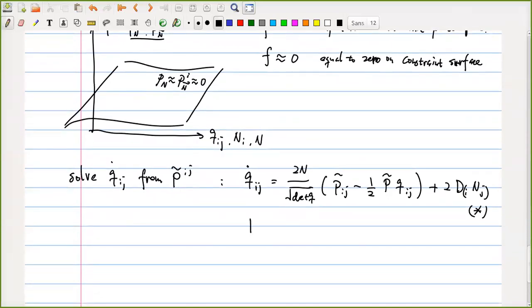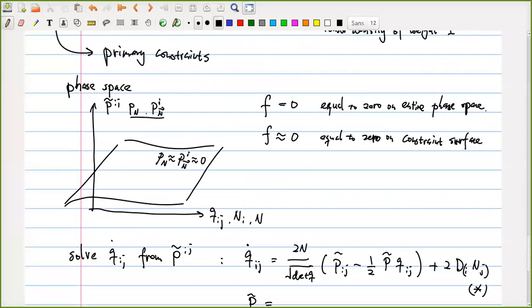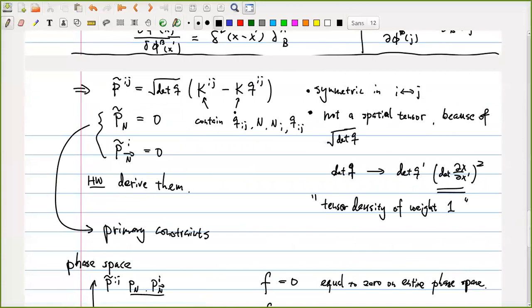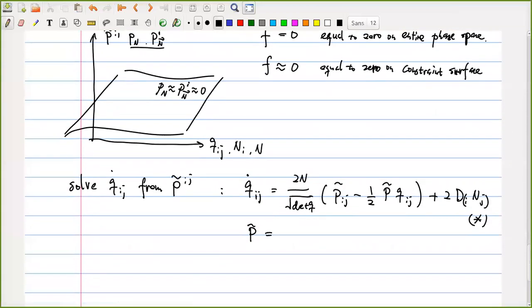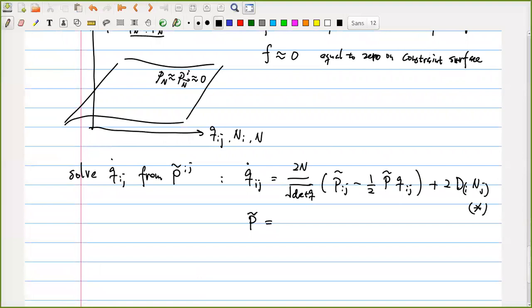Here, by the way, I forgot to say that the reason I put a twiddle is a standard indication of a density. A twiddle on top usually means that it is a tensor density, and a single twiddle means a tensor density of weight 1.